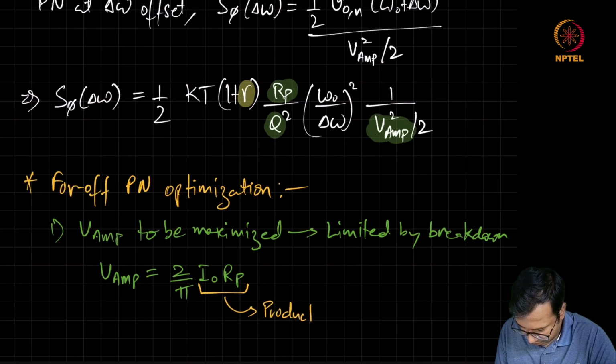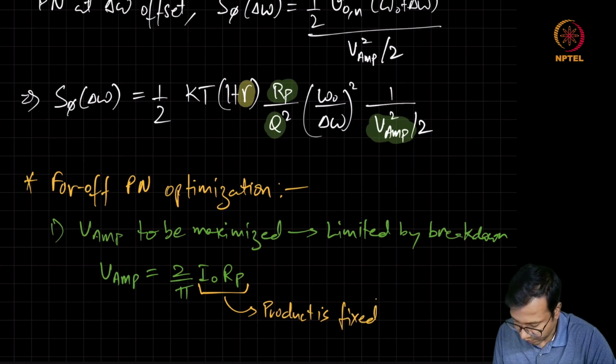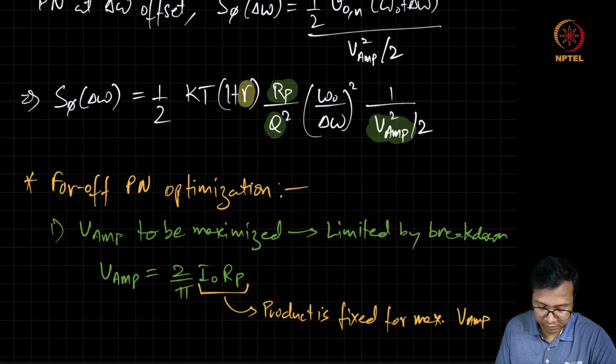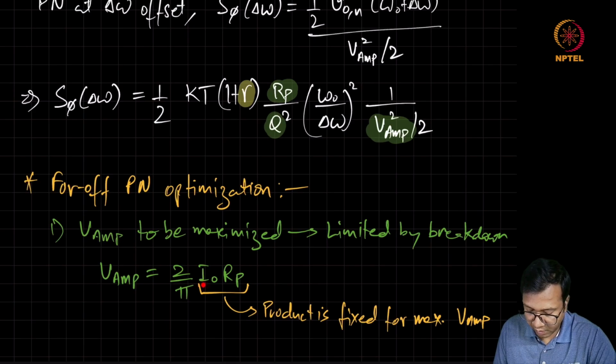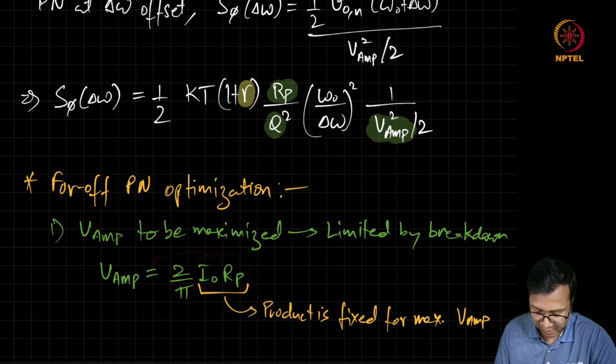Product is fixed for maximum Vamp. So if we are given some power budget for this current, then accordingly we have to choose the Rp so that this product is giving us the maximum amplitude which is possible.